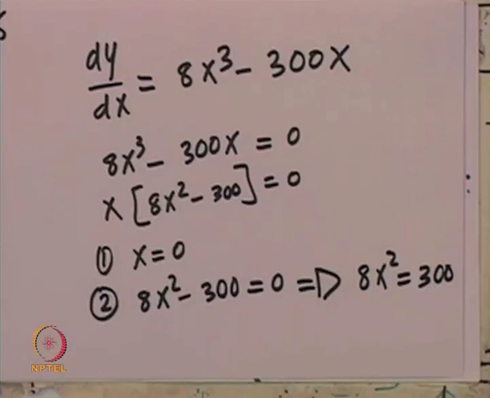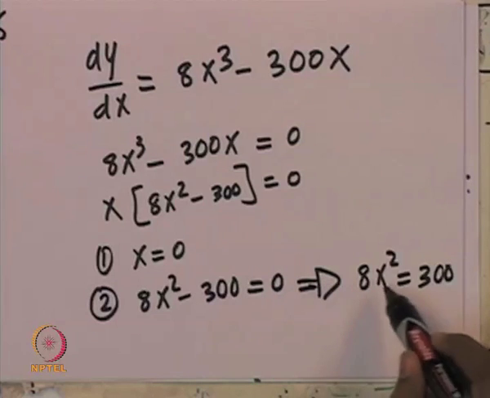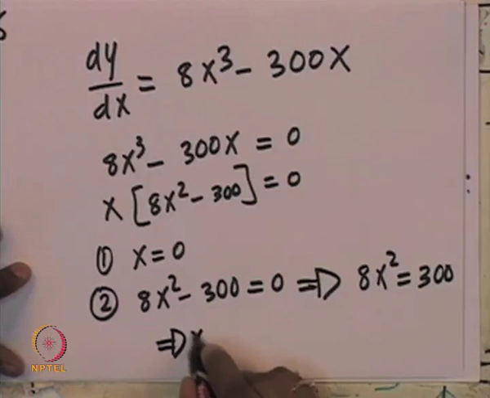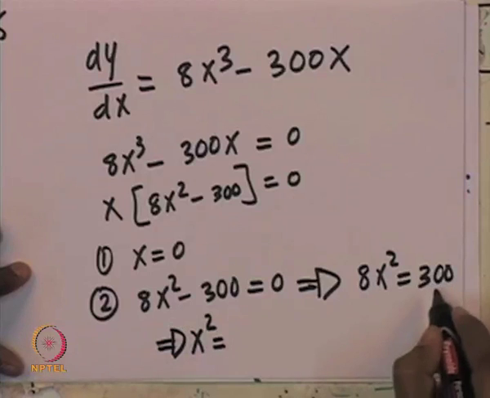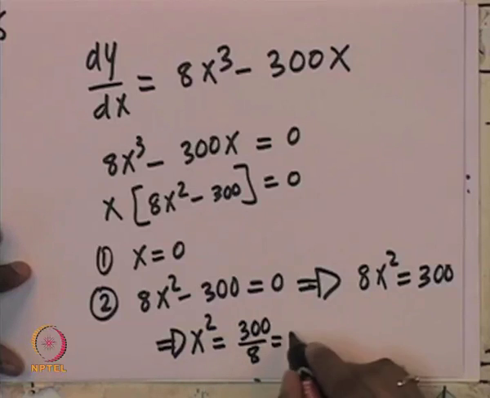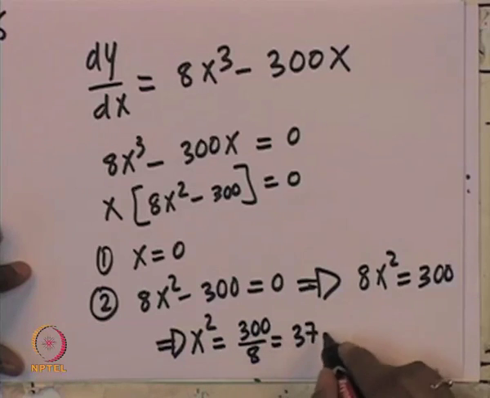This implies that x square is 300 by 8, which is 37.5.